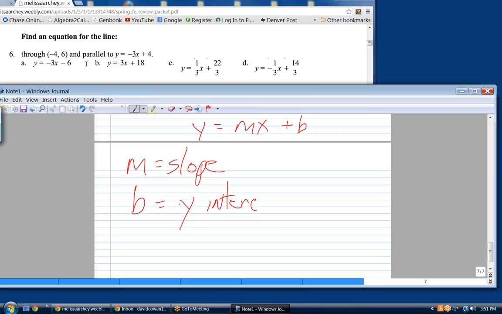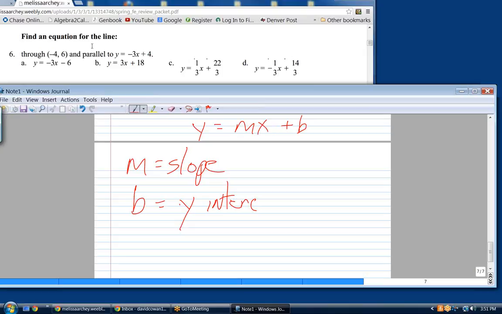Okay, this is a different line than the one they're telling us about here. The equation that they're giving us here, what's the slope on that line? -3. So what's the slope on our line that's parallel to that? -4. No, -3. It's the same.